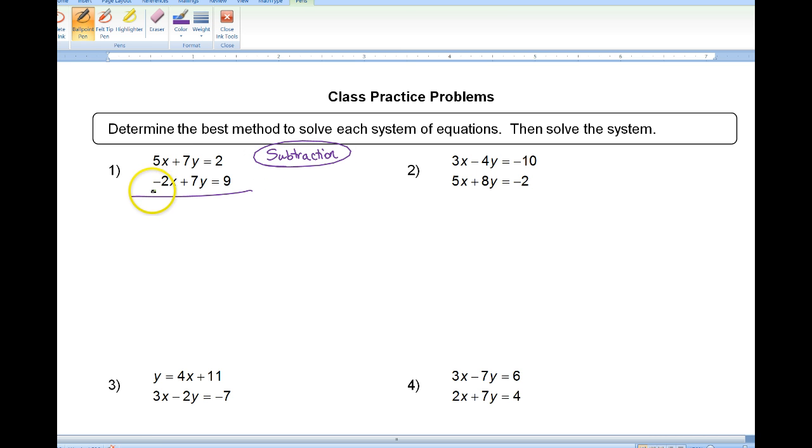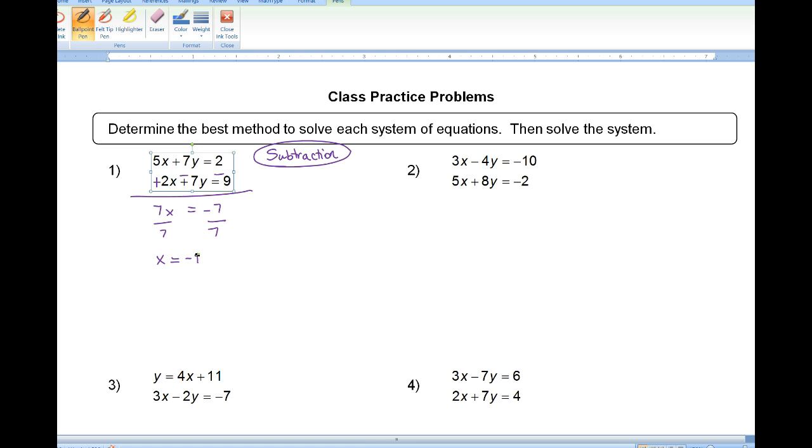So I'm going to change the sign, so it's going to become a plus, a minus, and a minus. So what do we end up with? 7x equals, what's 2 minus 9? Negative 7. So when I divide both sides by 7, I get x equals negative 1.